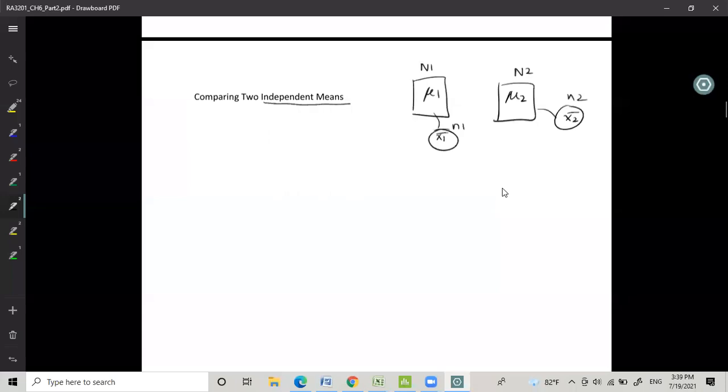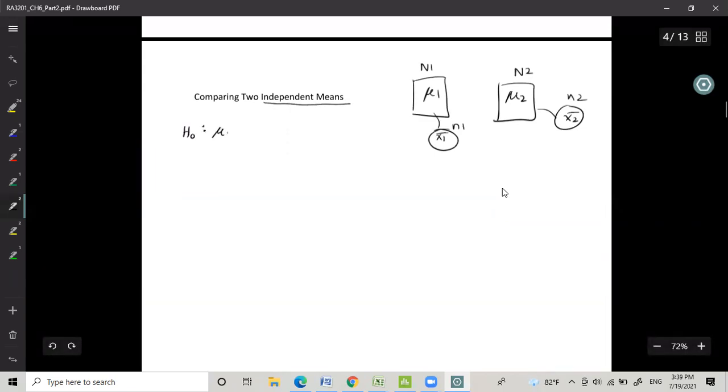Okay, right. So how will your hypothesis look like? H0: mu1 minus mu2 equals 0 versus HA: mu1 minus mu2 not equal to 0. So that is the two-sided test.